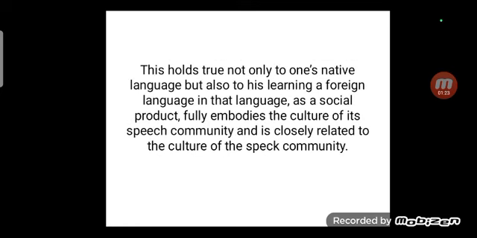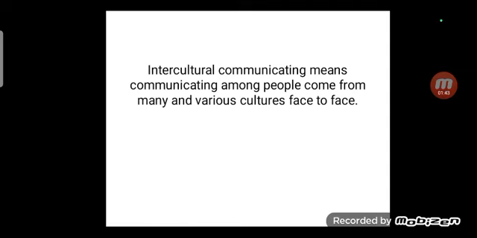This holds true not only to one's native language but also to learning a foreign language, in that language, as a social product, fully embodies the culture of its speech community and is closely related to the culture of the speech community. Intercultural communicating means communicating among people who come from many and various cultures face to face.